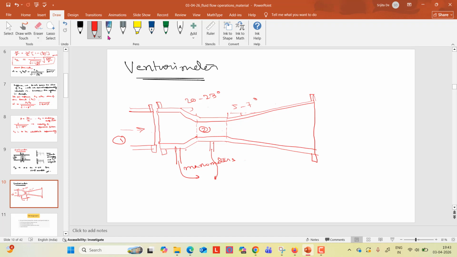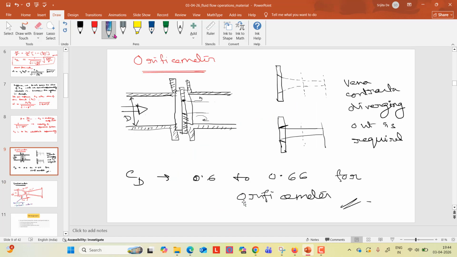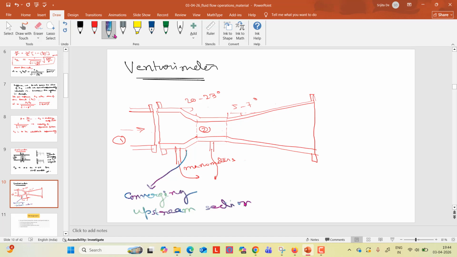So first this portion is the converging upstream section. In the orifice meter you can see that there is no converging portion. So the flow is suddenly getting constricted, right? But in case of venturimeter, it is first converging, then again it is slowly diverging. It is much more smooth, you can say.